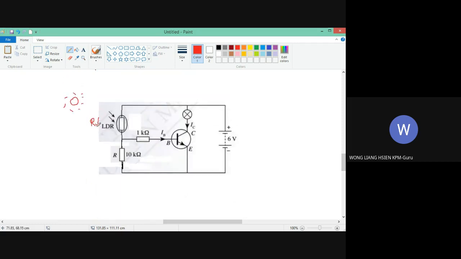So the same thing happens here. This one is small, so that means this one you will get a bigger voltage. This one will get 5.95 volt, and turn on the transistor.